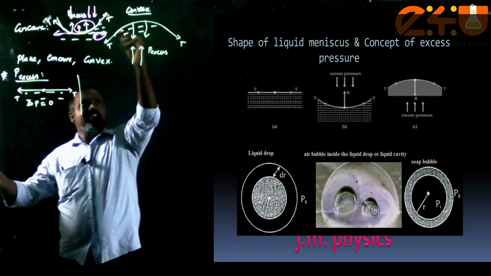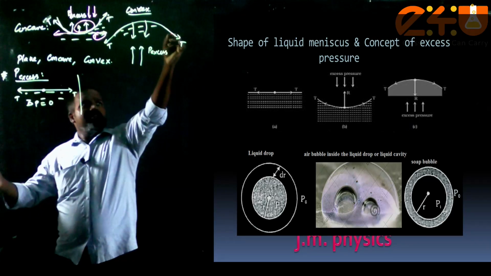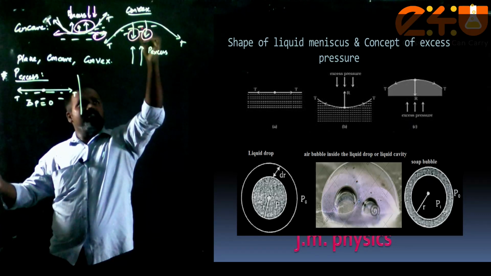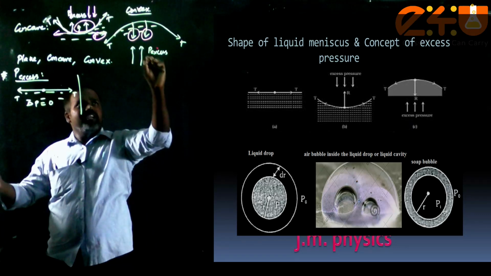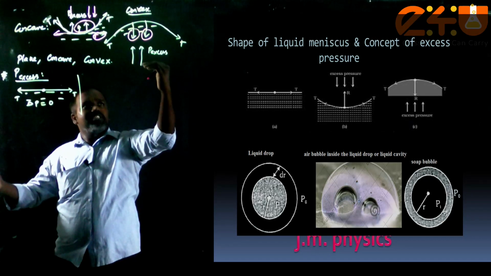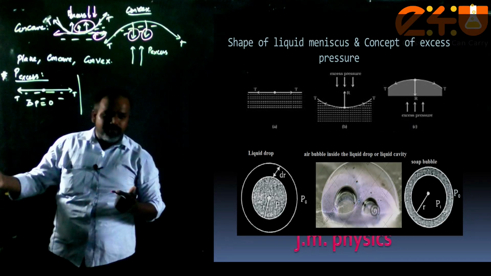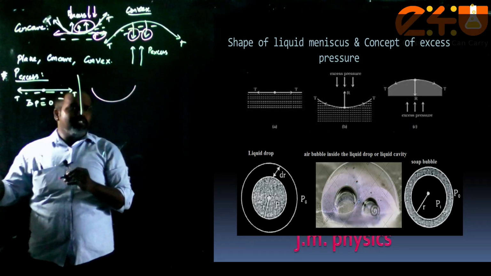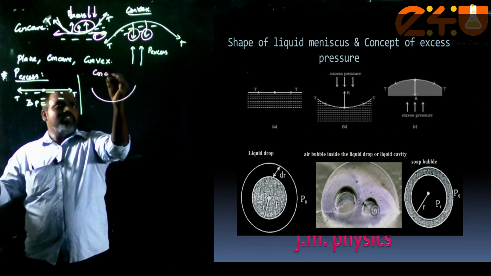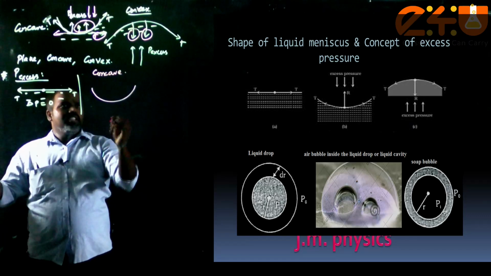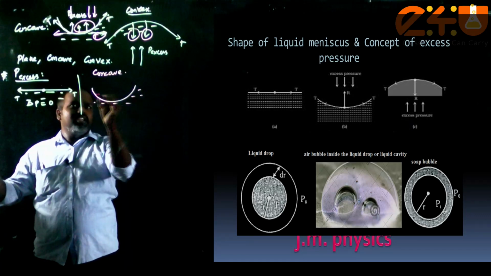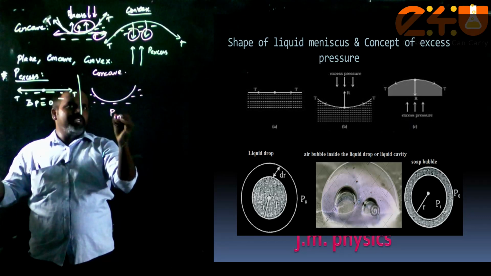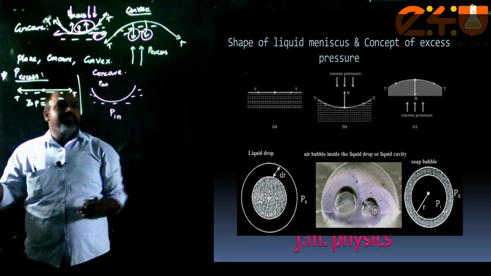Similarly here also, this is the surface tension, and this is the non-zero force due to the surface tension which acts downward. In order to maintain stability or equilibrium, the excess pressure is developed inside the liquid. So in the case of a concave meniscus, this is the liquid and this is the air surface. I take this as P in and this region as P out.